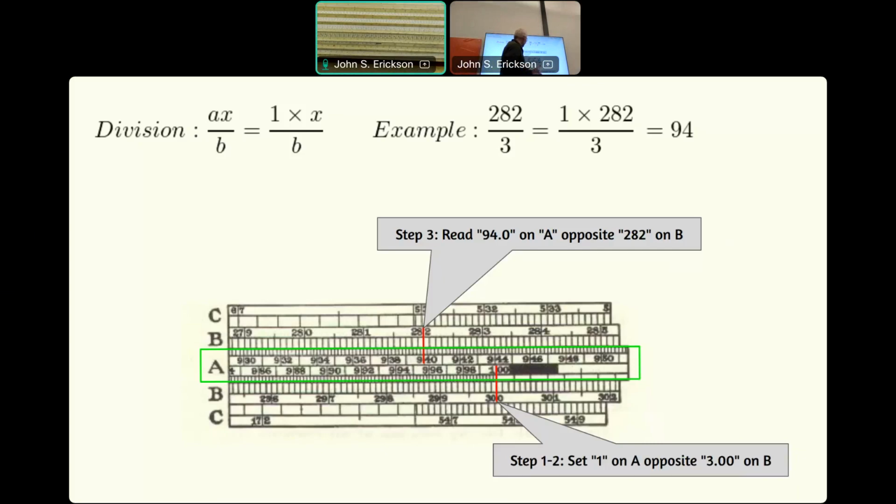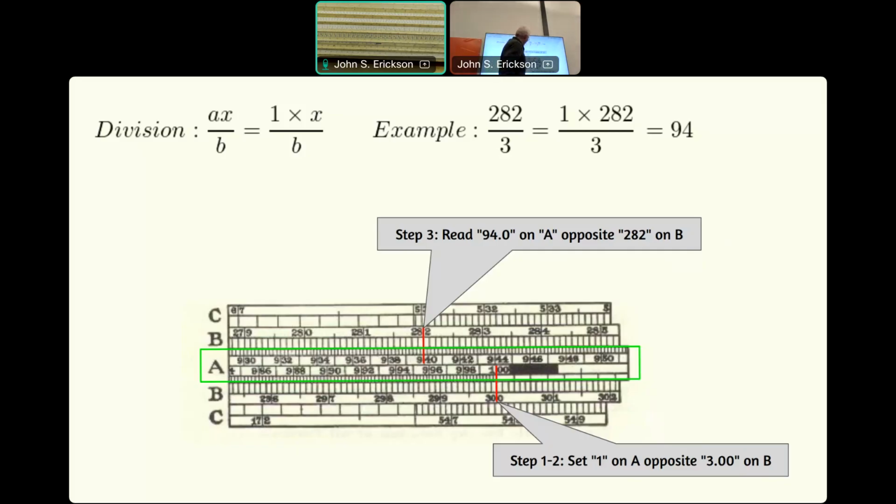Now notice we're actually choosing 300, but it's 3.00 in this case. And then we're looking on our B scale for what we're dividing, and we look at our result. And it looks like it's on 940, but we know it's actually 94 by keeping track of our decimal places.